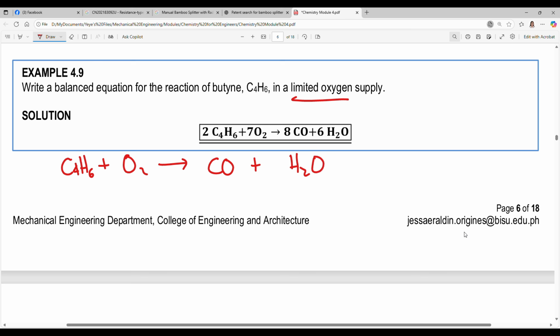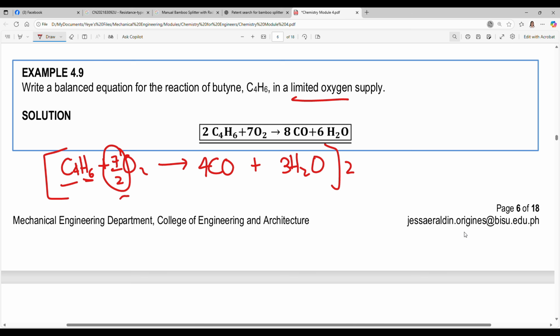The carbon is 4, so you write here 4. Hydrogen is 6. Since water has 2, you write here 3, because 3 times 2 is 6. Then the oxygen is 4 plus 3, 7. So, you write here 7/2. Again, we cannot have the coefficient in fraction form, so we will multiply by 2.